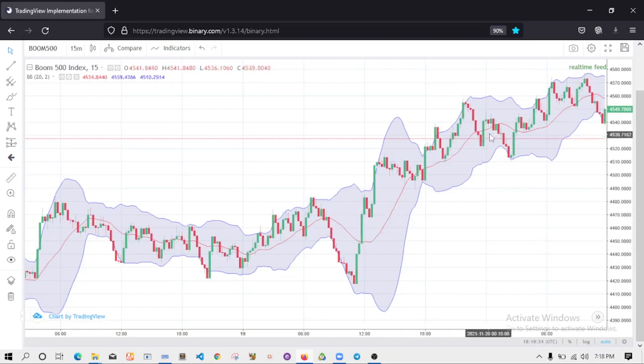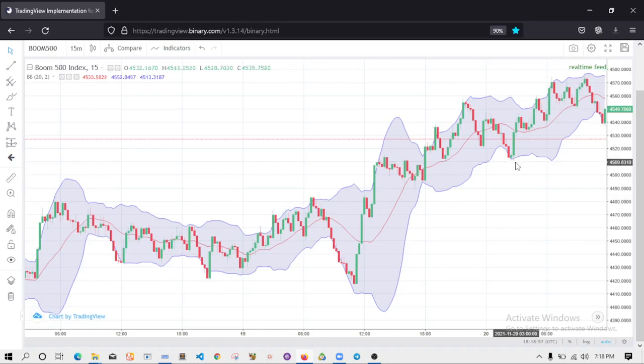Then set your stop loss below the lower bound to give your price room to breathe. Look at the place that could have pushed you out of this trade, because your stop loss is supposed to be below here. So possibly it might have triggered your stop loss right there.